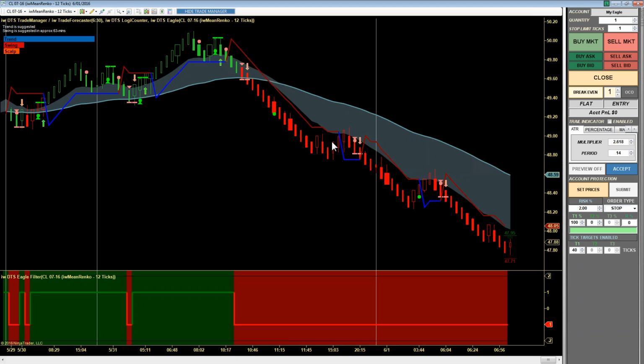All right, here now is the Eagle on crude oil. Got our trend change signal right here, and nice progression lower so far. Just for kicks, let's see what that's worth. So let's say we entered here, and let's say we covered above the hard edge. Well, there you go. There's almost a $1,000 move right there in crude oil.